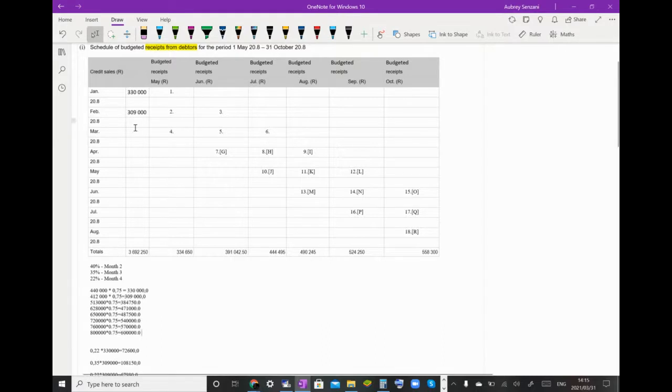Okay, there you go. So now we can quickly insert that. Here from the 309 we have 384,750. April we have 471. The next one we have 487.